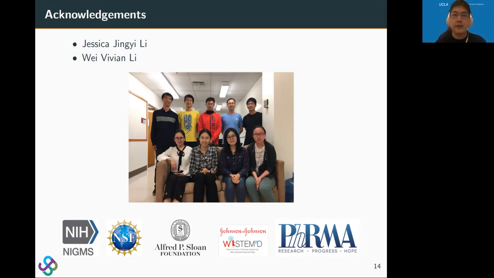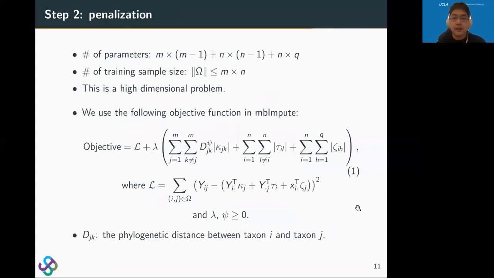Okay, yeah, it's a very good question. So basically here, I still want to talk about how the lasso regression works. The benefit of lasso regression is that it will automatically select those coefficients that the model thinks are important. So why I use kappa JK is to learn the relationship among different taxa.